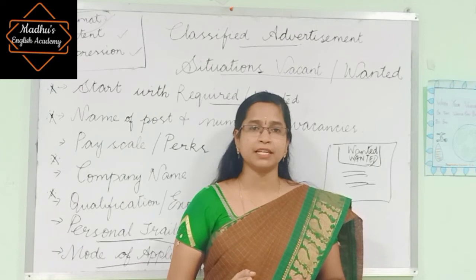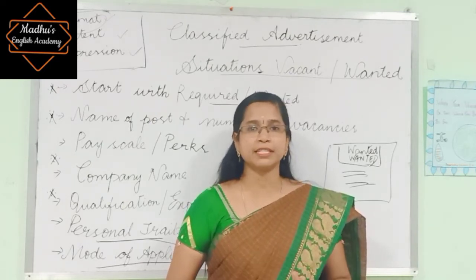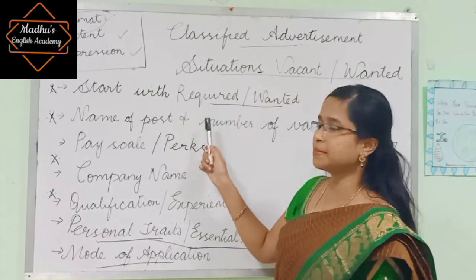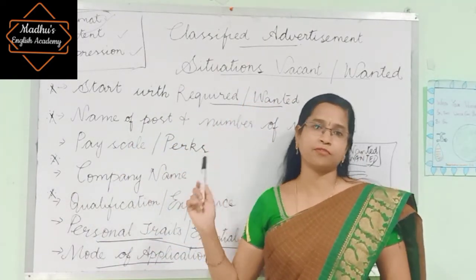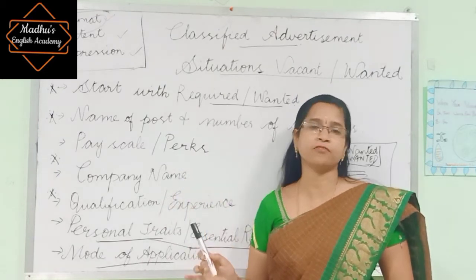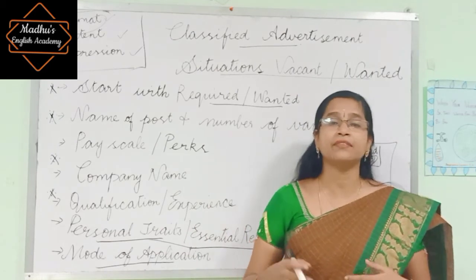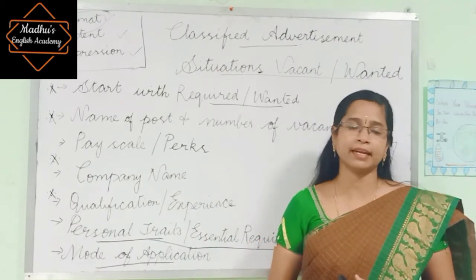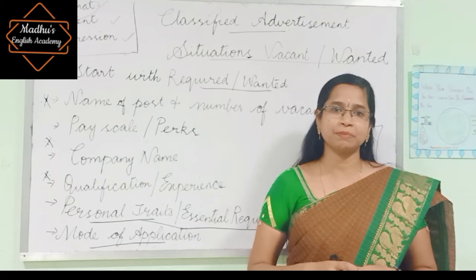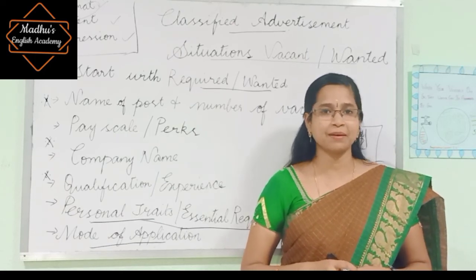You will get various kinds of advertisements, and if it is a wanted advertisement, everything will follow the same format. If it is a sales or purchase advertisement, the same format will be followed. But the creativity of the advertiser will be there. You can see that and you can get ideas. So keep reading newspapers. Keep looking for different advertisements in the newspaper. With this, I am closing today's class.